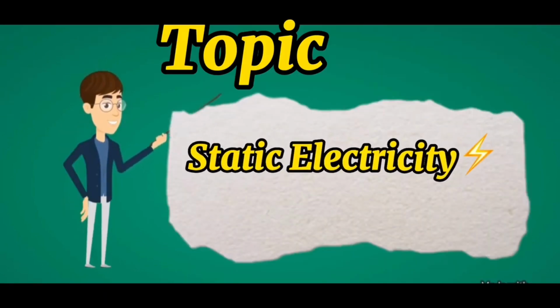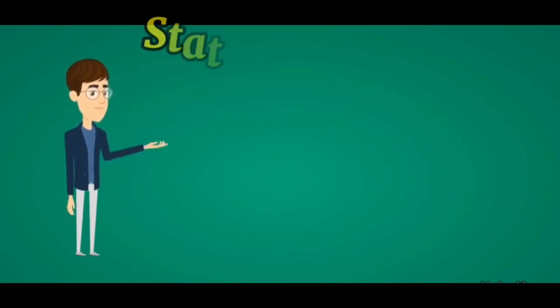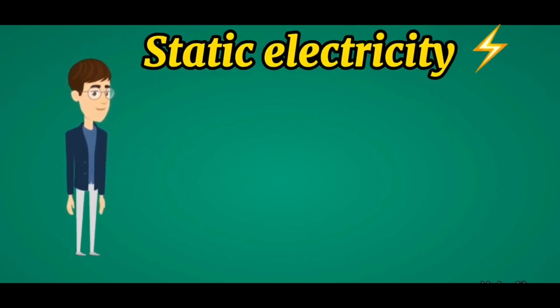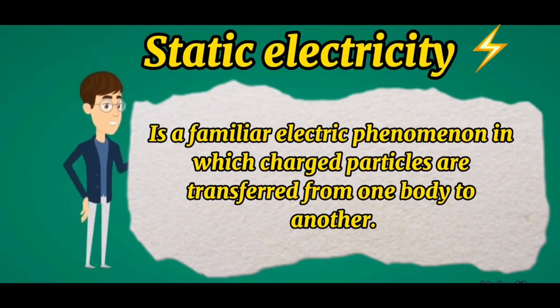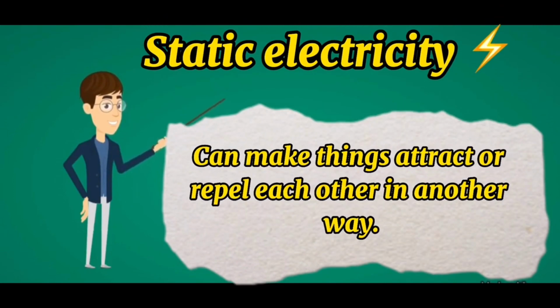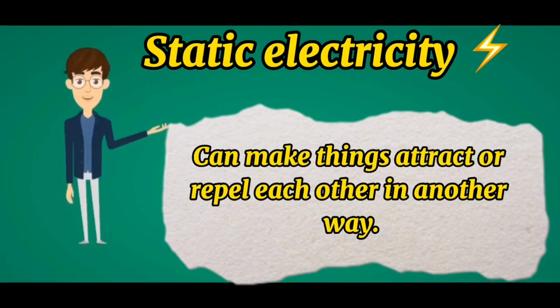Static electricity. Static electricity is a familiar electric phenomenon in which charged particles are transferred from one body to another. Static electricity can make things attract or repel each other in some way.